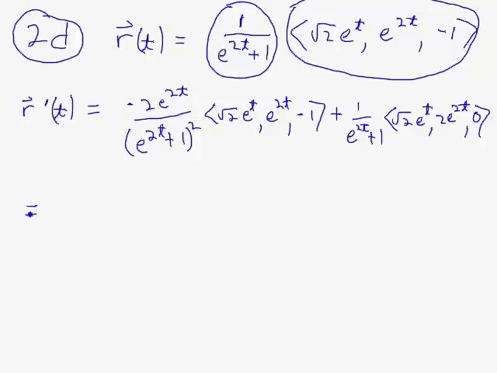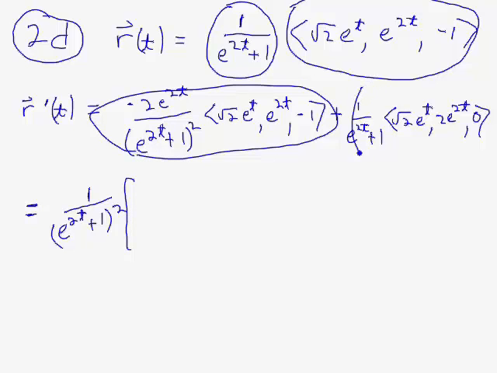So I'm going to do that by factoring out a denominator, 1 divided by e to the 2t plus 1 squared. And I'm factoring that out from both this term and this term.